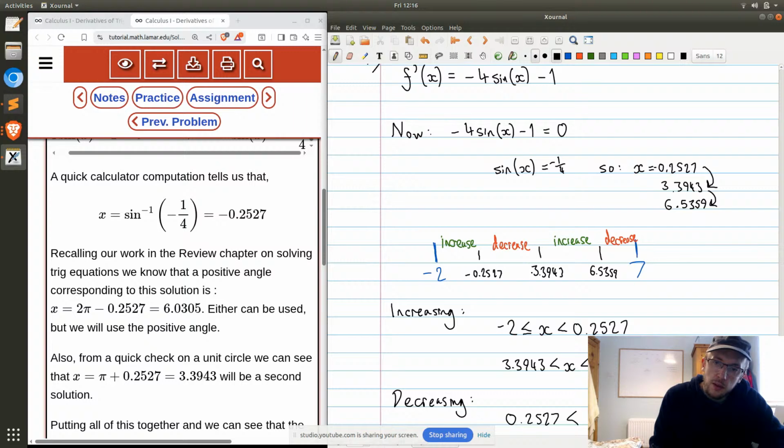That one is another solution. And then it would be 2 pi minus the difference between 0 and this, which is 6.0305.